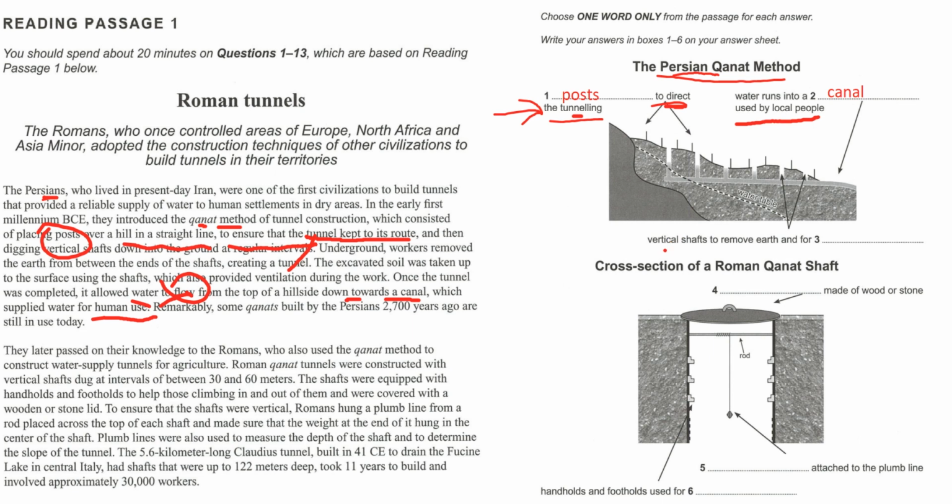Now let's move to the last one. Vertical shafts to remove earth and for what? Okay, so vertical shafts to remove earth and for. So there are actually two jobs for these shafts. Removing earth and doing something else. Now remember something very important.